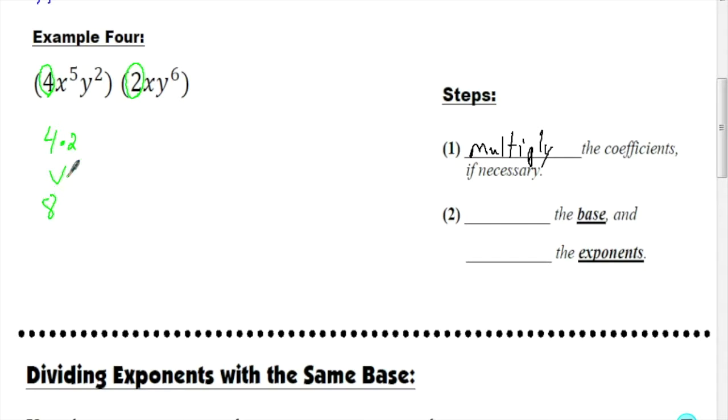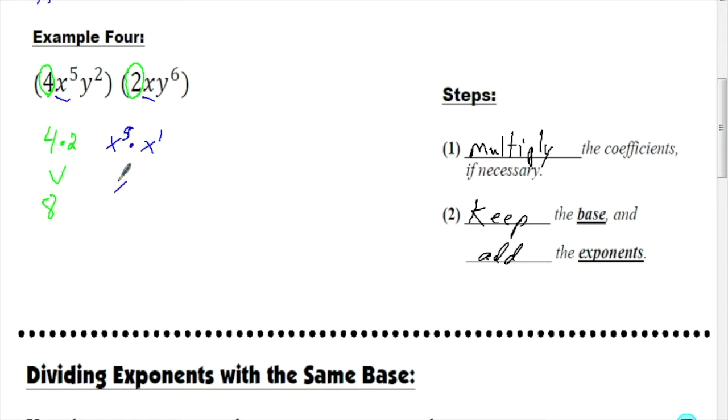Now that we got that part done, we're going to look at the next part, which is getting back to what we just did. We're going to keep the base and add the exponents. We'll take these one at a time. First, we have our x's. That means we have x to the fifth times x to the first.